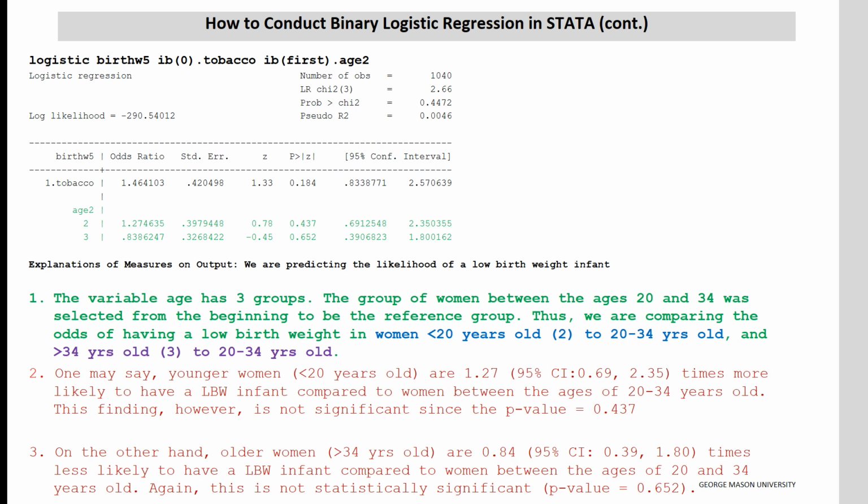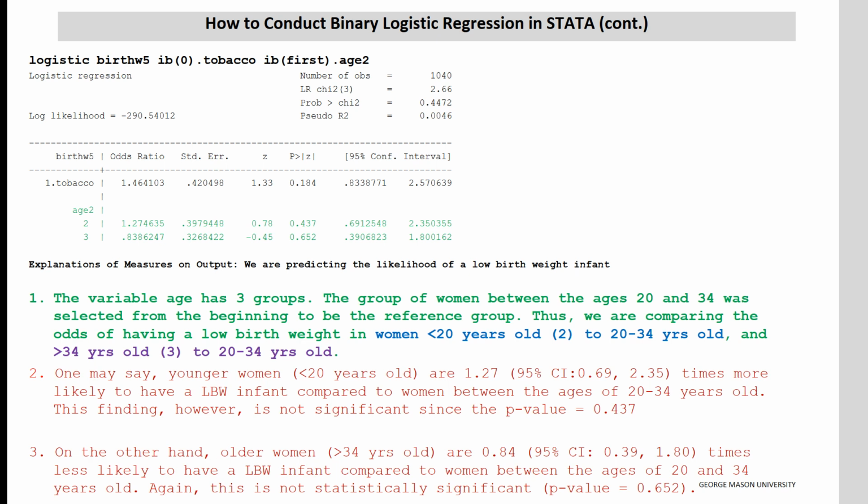Now, on the other hand, we notice that older women are 0.84 times less likely. And we say less likely because this value of odds ratio is less than 1. So they're 0.84 times less likely to have a low birth weight infant compared to women between the ages of 20 and 34 years old.